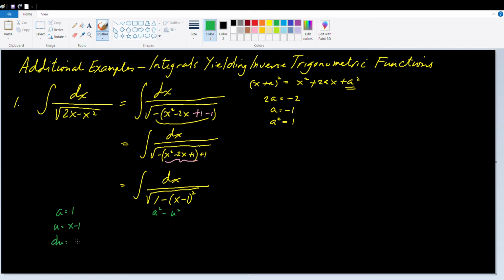The differential du is equal to dx. So clearly, the integral is now of the form du all over the square root of a squared minus u squared. And for that integral, it is equal to arc sine of u over a, which is 1, plus c.